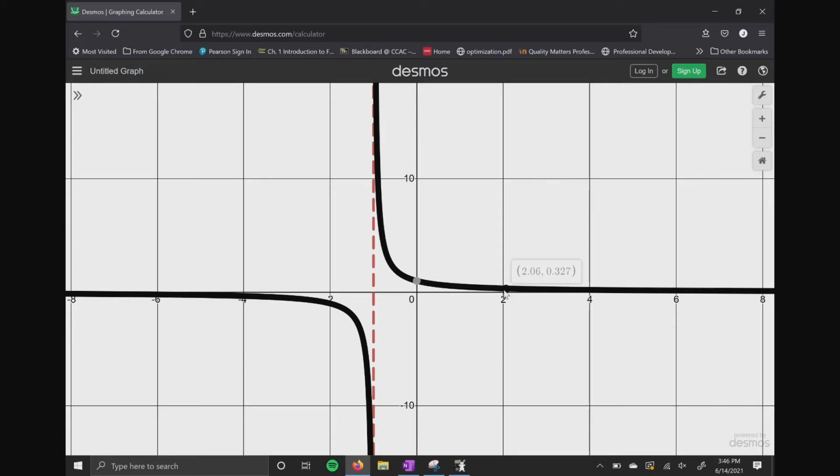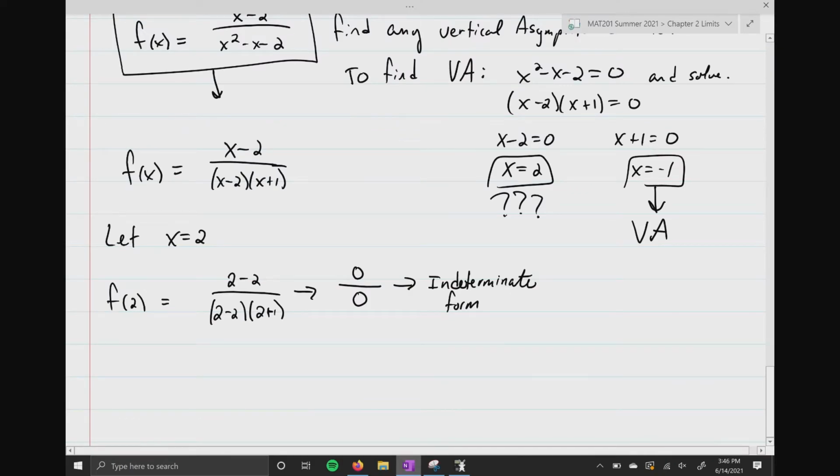There it is right there. So as we can see here, 2 is definitely undefined, okay? Therefore, there's a hole in this situation. If we let x equal 2, we get this indeterminate form. Whenever you approach 0 divided by 0, indeterminate form, that tells you you have a hole.